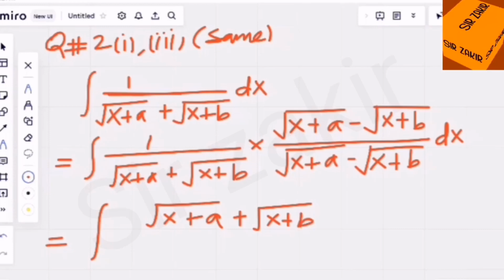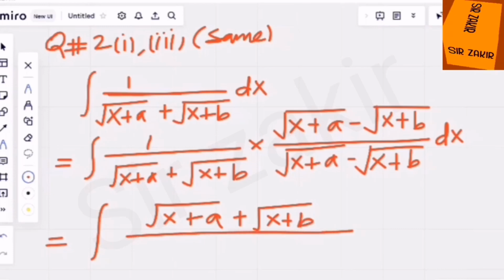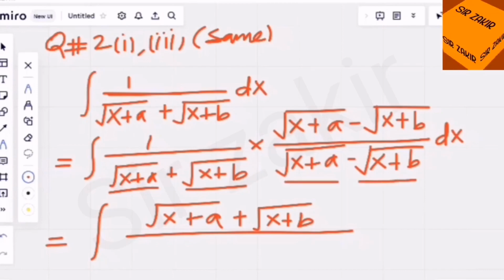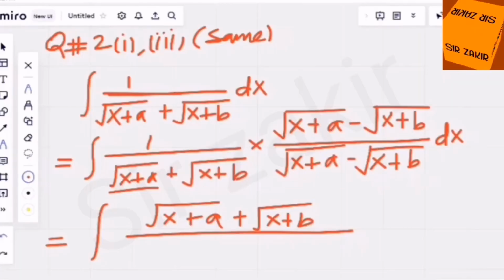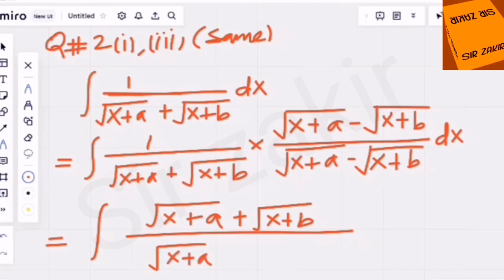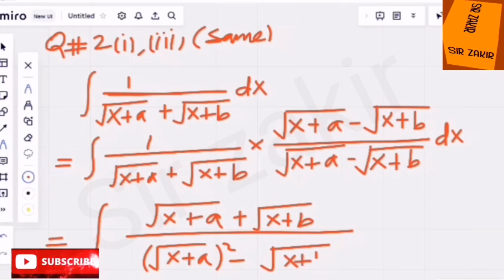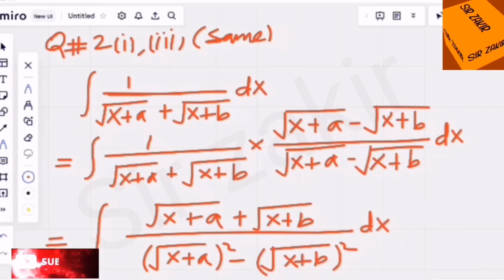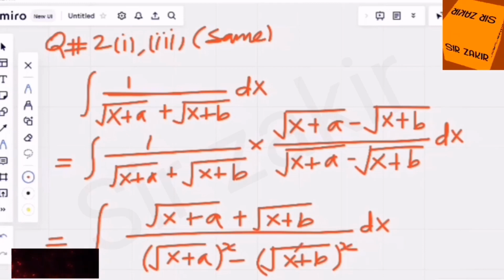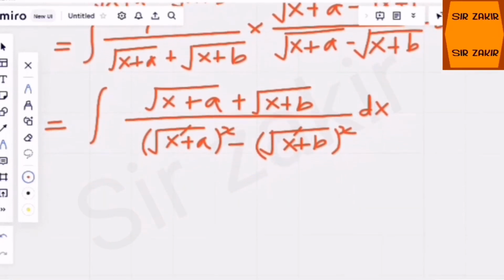And in the denominator, we can see it is of the form a plus b, a minus b. So a plus b times a minus b makes a squared minus b squared, meaning square root of x plus a, squared, minus square root of x plus b, squared, dx, and then the roots and squares are cancelled.